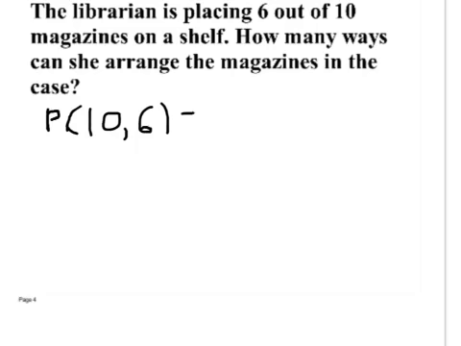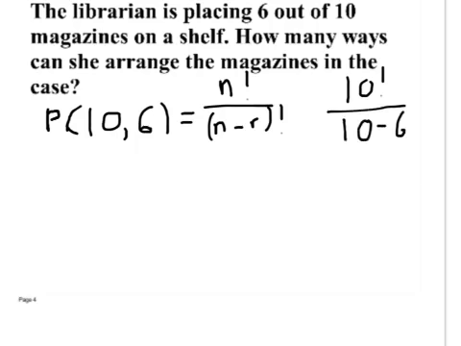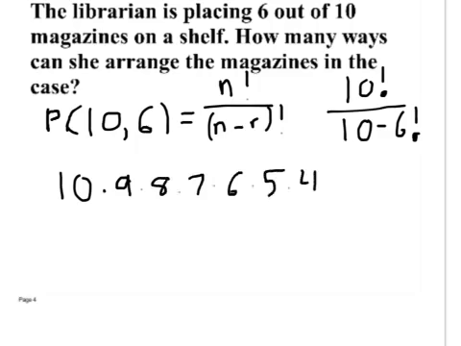If you remember, the permutation formula is n factorial over n minus r factorial. We're saying n is 10, so we need to do 10 factorial over 10 minus 6 factorial. 10 factorial is 10 times 9 times 8 times 7 times 6 times 5 times 4 times 3 times 2 times 1.